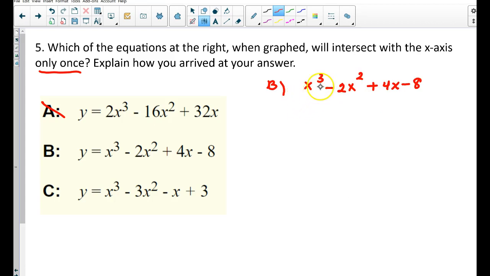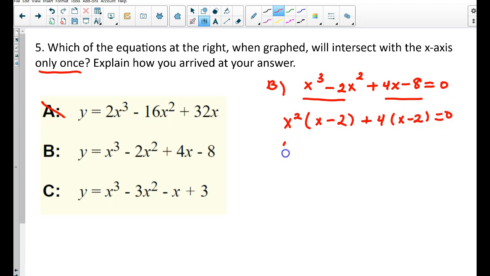Okay, so now let's examine this second equation. We set it equal to 0, and I have 4 terms, so we're going to be grouping. I have a big GCF of x minus 2, so I divide that out. So I set each factor equal to 0.